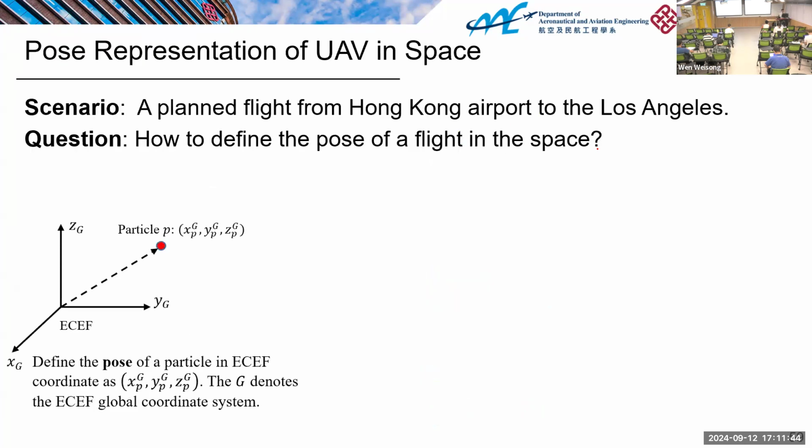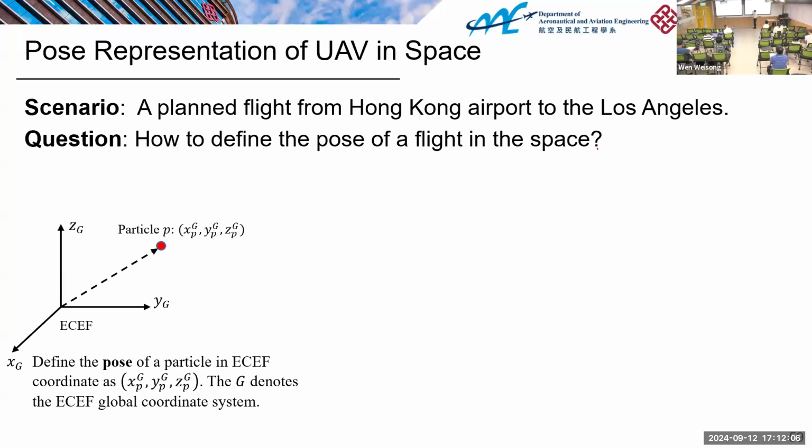Okay, so after you finish those basics, for example, if a plane flies from Hong Kong airport to Los Angeles, how do we define the pose of the flight in space? If you take a point of a particle, for example, the center is like ECF, X, Y, Z, where G represents the global frame.